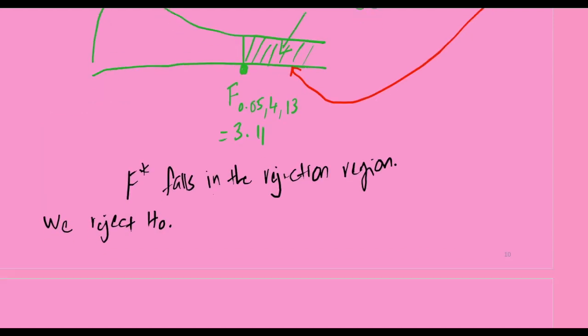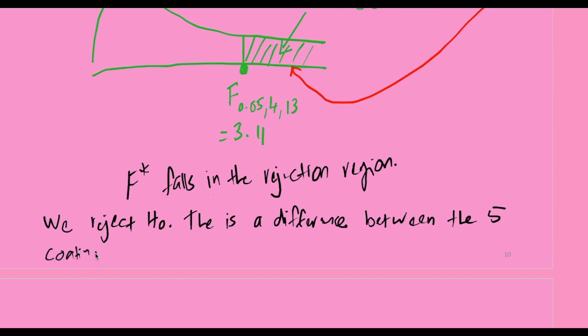So I would rewrite the conclusion as there is a difference between the 5 coating types at alpha 0.05.